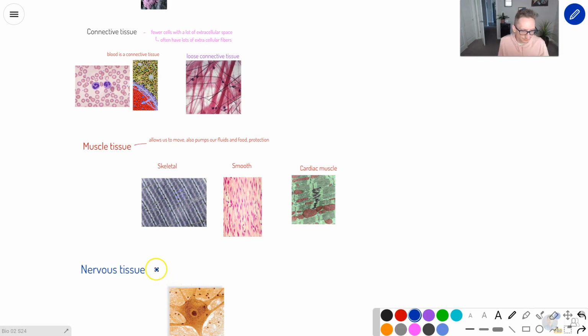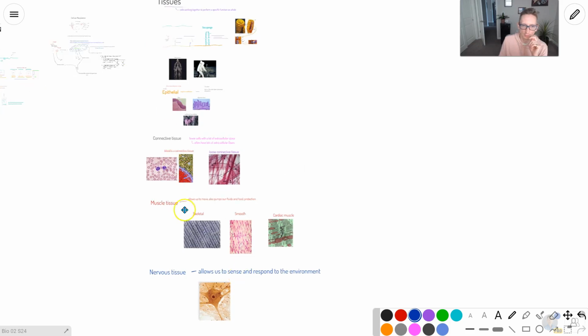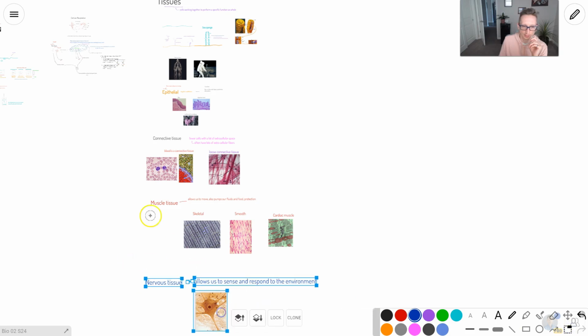Nervous tissue allows us to sense and respond to the environment, right? And what we're going to do is go through these in detail, boom, boom, boom, boom. And I'm not going to spend too much time on each one. But that's the plan here.